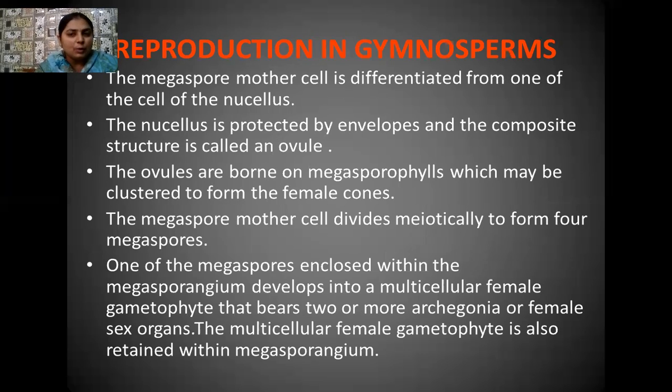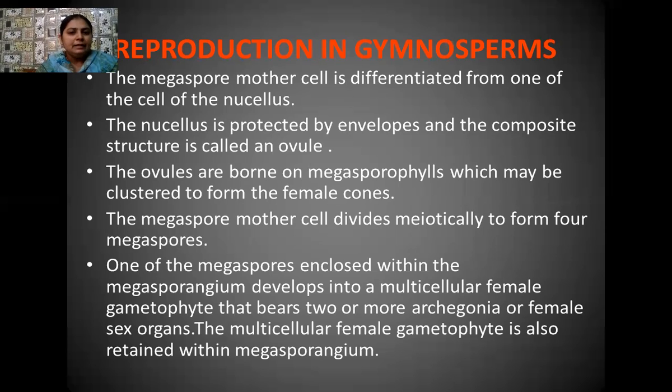So these megaspore mother cells are actually differentiated from one of the cells of the nucellus. Now what happened? This megaspore mother cell later divides meiotically and forms how many megaspores? 4 megaspores. And all of these 4 megaspores are enclosed within the megasporangium, which is actually the ovule.